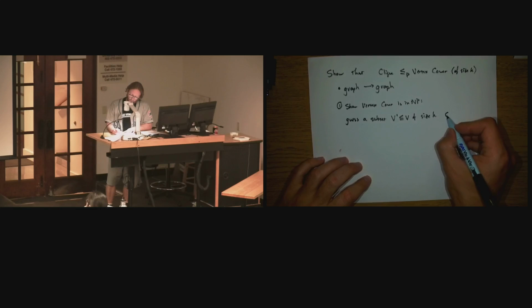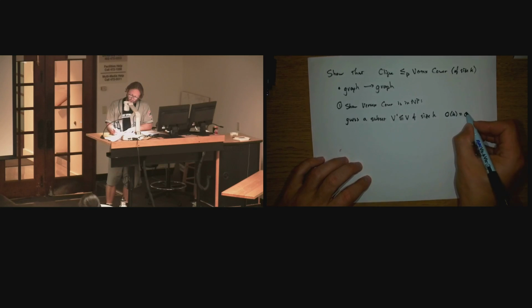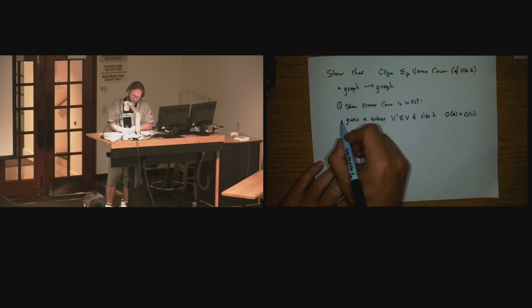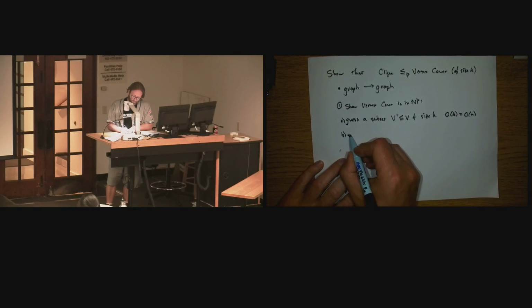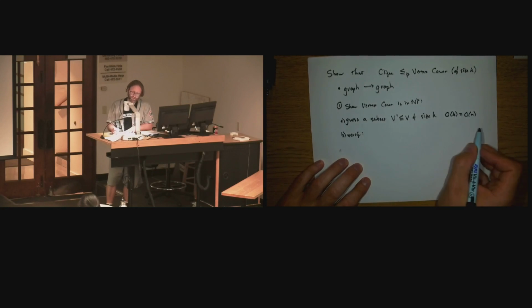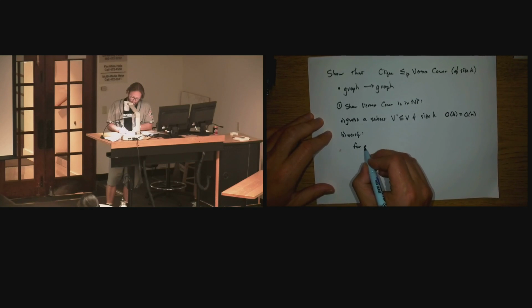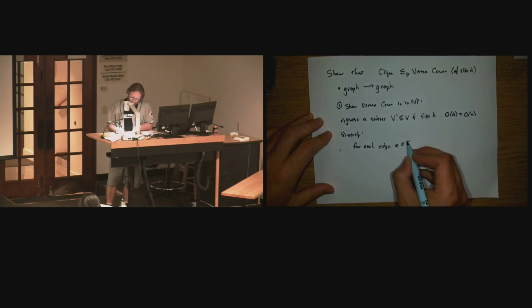This is going to be, of course, order k, which is order n, because any subset of size k is going to be bounded by n. Then verify your certificate. We need to see if this is a vertex cover. So all we need to do is, for each edge e in E, say the endpoints are x and y.